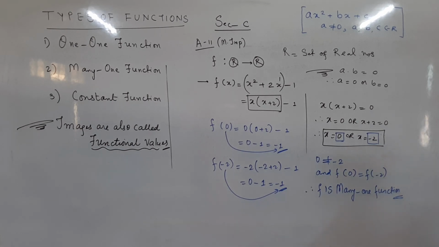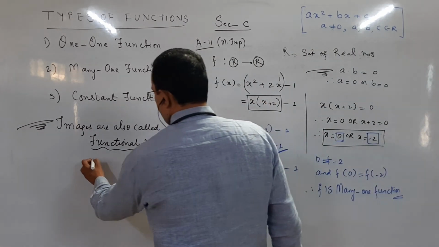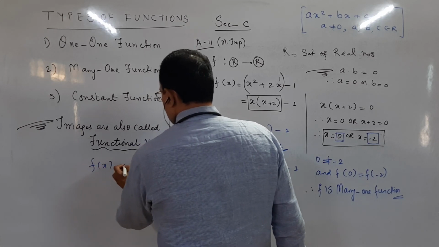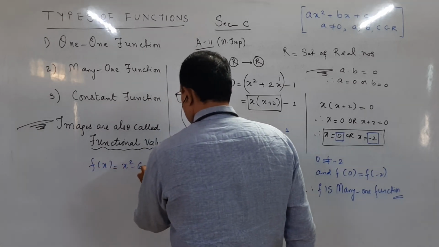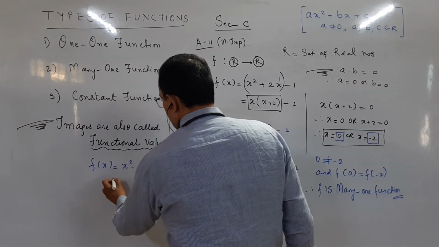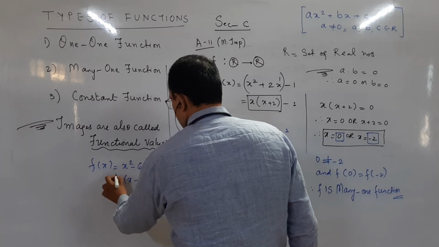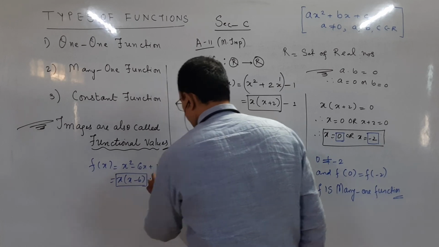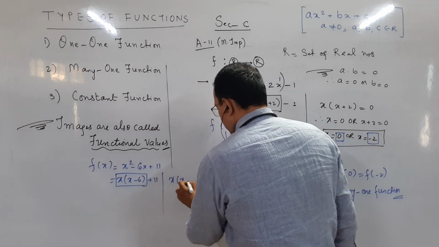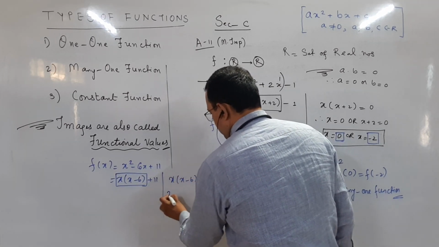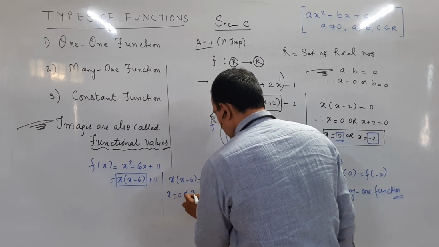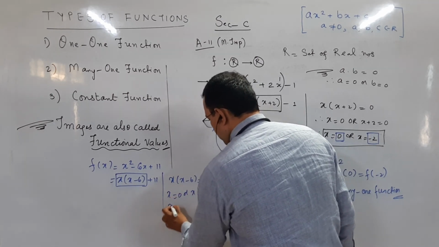Suppose, students, my function was like this. f(x) is equal to x squared minus 6x plus 11. What I have done? X into x minus 6 plus 11. Equate this to 0. So x into x minus 6 is equal to 0. So x is equal to 0 or x minus 6 is equal to 0.